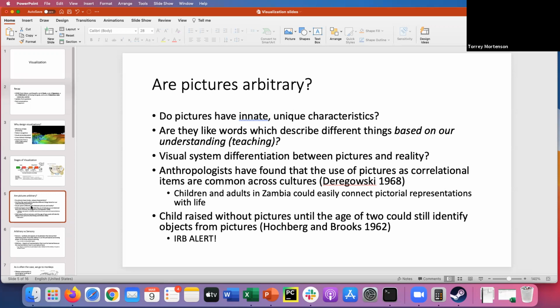There were no pictures in the house, and they constrained the environment in that way. And then when the child was 2, they could still identify objects from pictures. They could still connect it, even though they'd never dealt with pictures. So there does appear to be something inherent to pictures and to visual images that transcends experience and cultural differences.